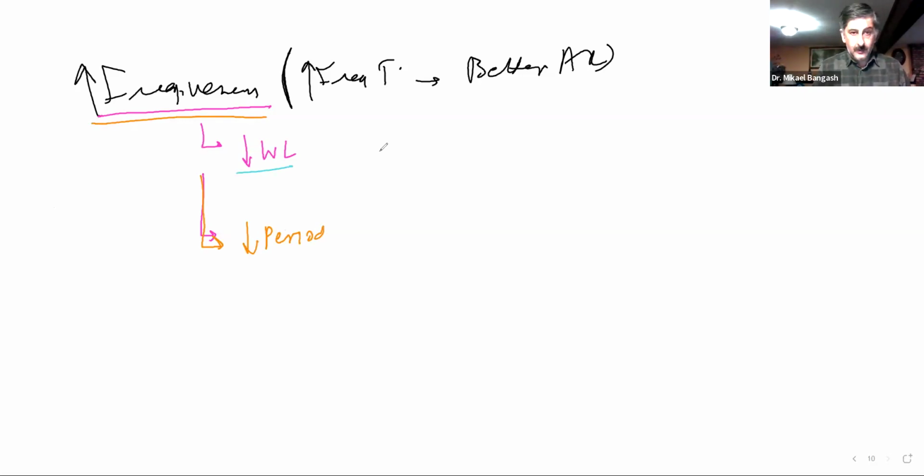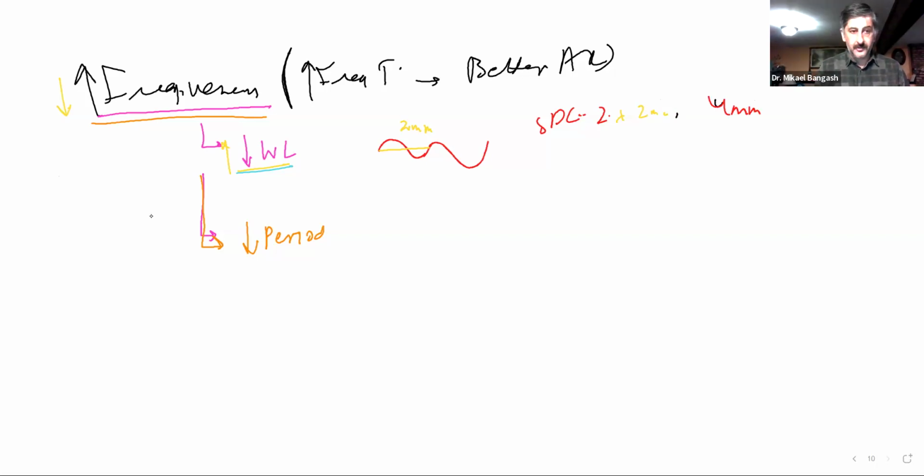So if in a transducer you had, let's say, two cycles, and a greater wavelength, let's say this distance here was 2 millimeters, then for a pulse, our spatial pulse length would be 2 cycles times the 2 millimeters, which means a spatial pulse length of a total of 4 millimeters.